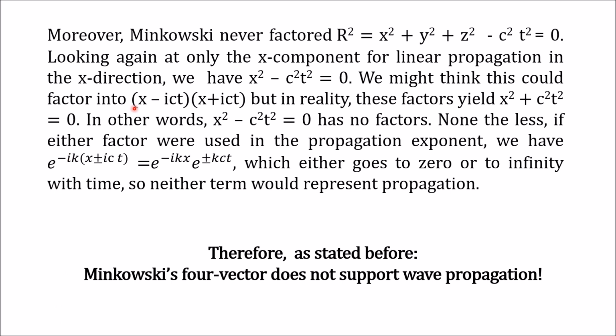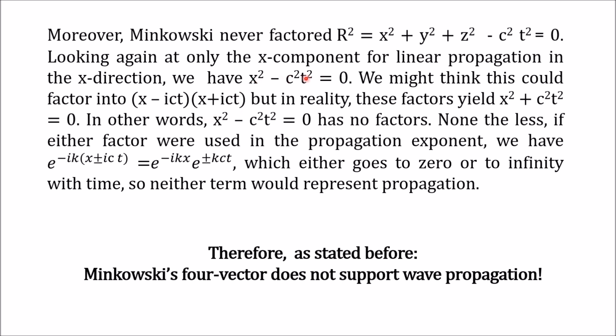The next anomaly is that if you take a look at this same equation and you say, well, it's a quadratic and you can factor a quadratic. And so you would think that based on the way we normally do it, you can get this type of components for the factoring. But in reality, if you go ahead and you multiply those together, you can't get that. This has no factors.